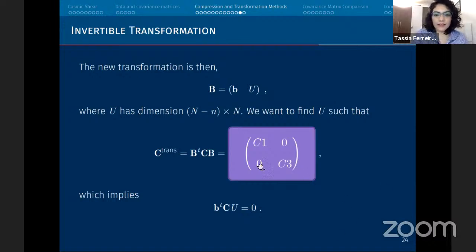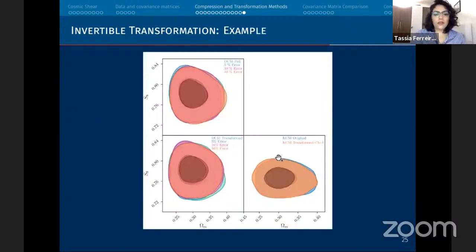So to prove to you that C3 really doesn't matter, we went crazy with it. We did tests both on the DES covariance matrix and the KiDS covariance matrix as well. I'll go in no particular order. For the KiDS covariance matrix, we transformed it, and then we took C3 and we replaced it with the identity matrix. So this is a very dramatic change.